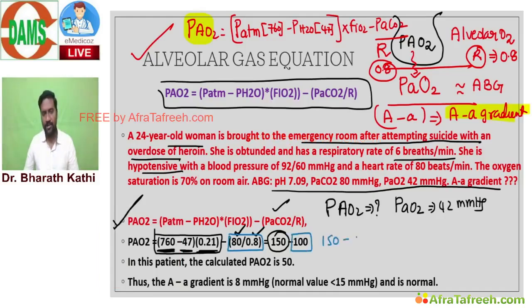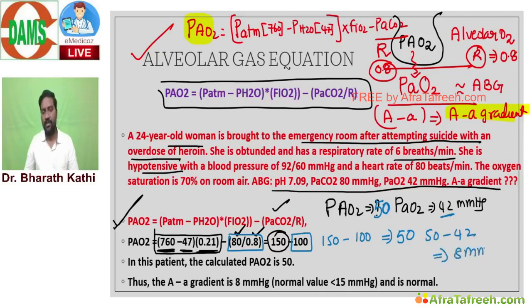So 150 minus 100 is 50. So we got alveolar oxygen 50. Arterial oxygen 42. 50 minus 42 is 8 mmHg. The alveolar arterial gradient is 8 mmHg.